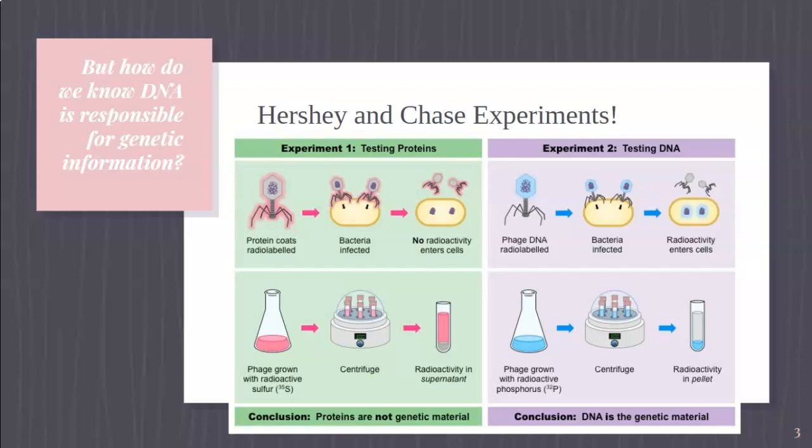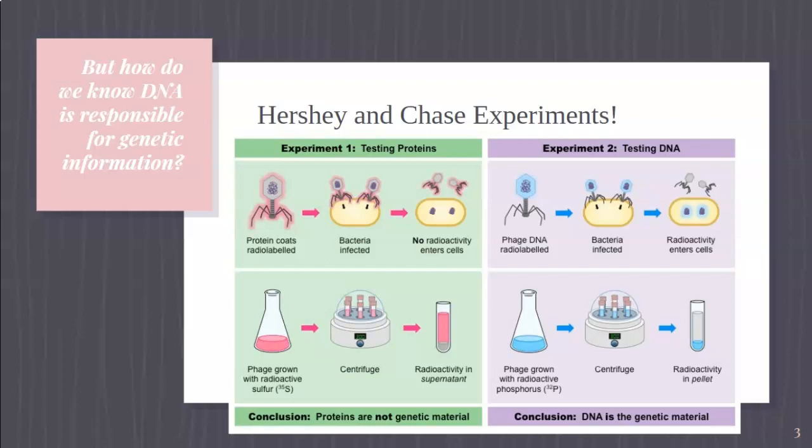They were also able to do this by looking at radioactive sulfur and phosphorus, and so determining what was on and in the proteins and the DNA itself. They centrifuged it down and then looked at where the radioactivity still was. In the radioactive sulfur version, the radioactivity was in the supernatant, which makes sense.